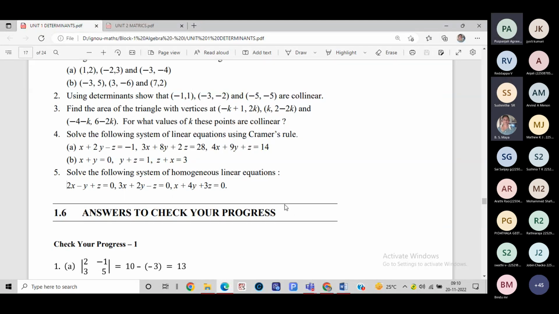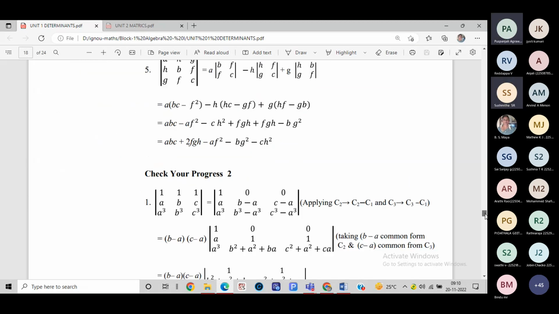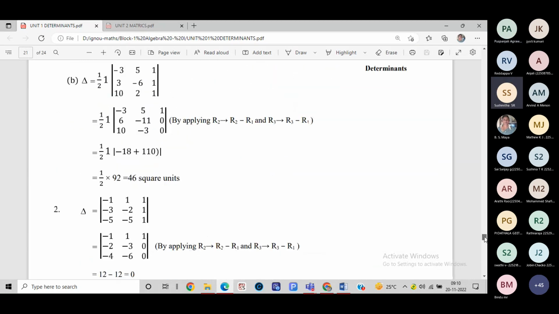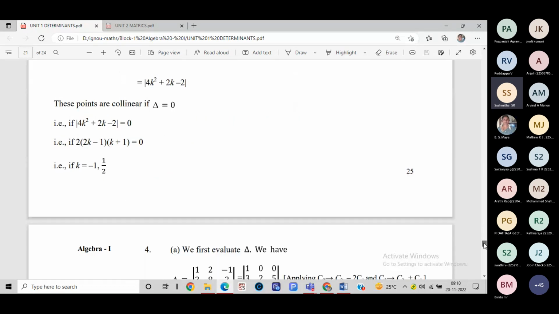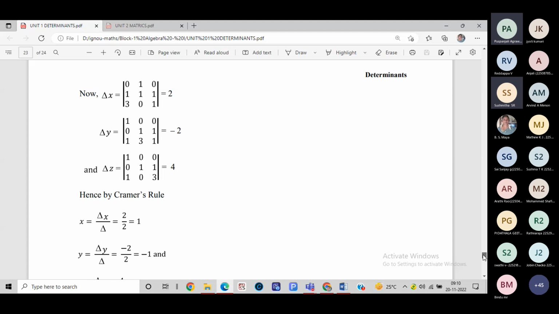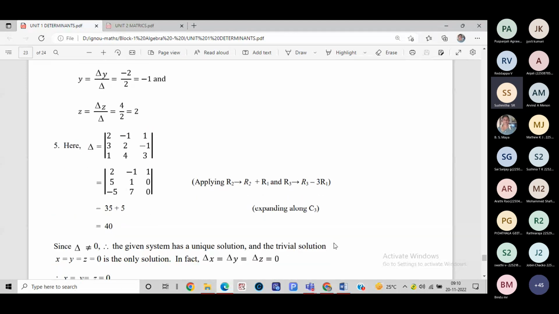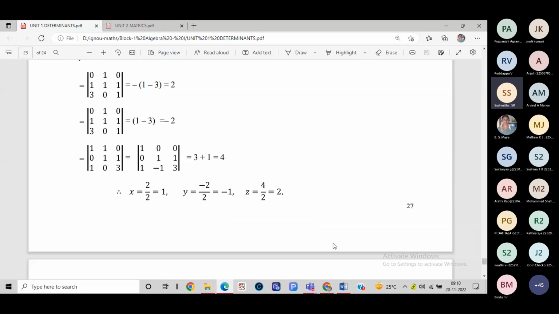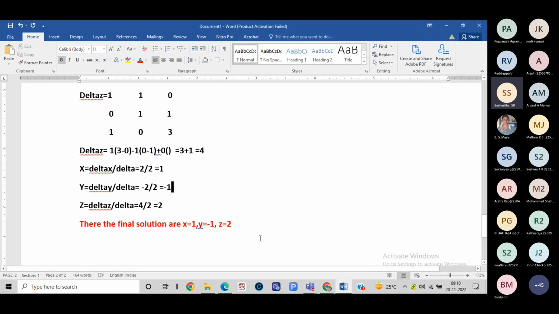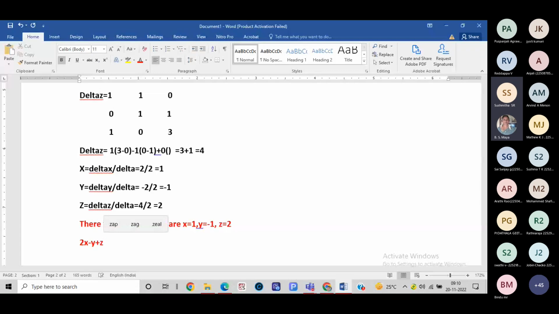Shall we start? Yes, ma'am. You find out the delta, tell me the answer. 2x minus y plus z is equal to 0.